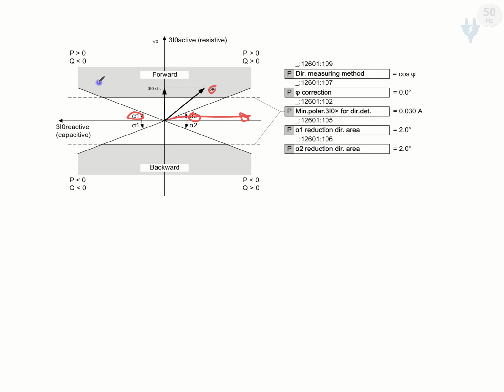It means we reduce the area of the direction by these two axes, so that the direction of, for example, this current should be undetermined. We don't want this current. In some systems, this current is not even in the forward direction.